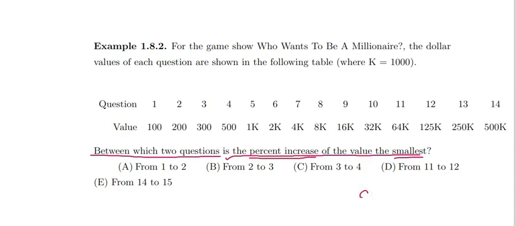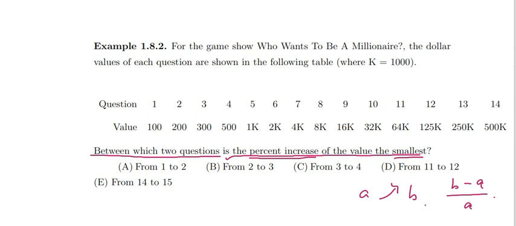We say from A increasing to B, the percentage increase is calculated this way: B minus A divided by A, right? So since this is the smallest, we put the biggest for A.